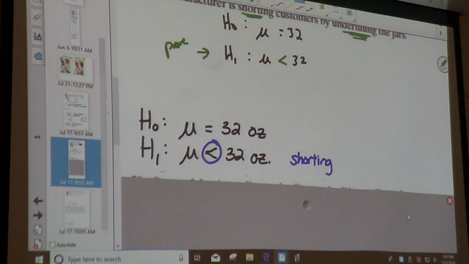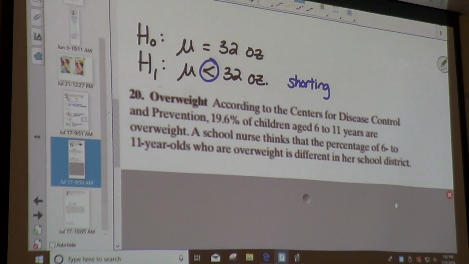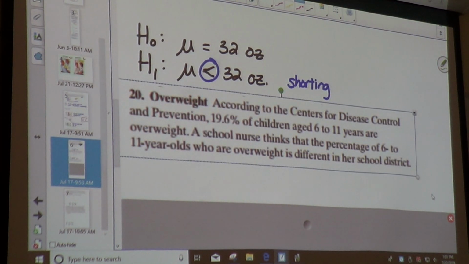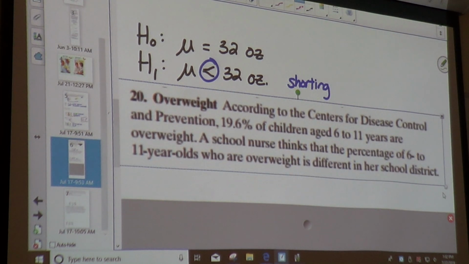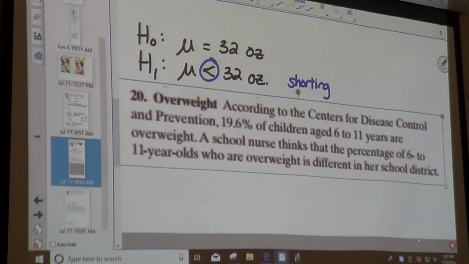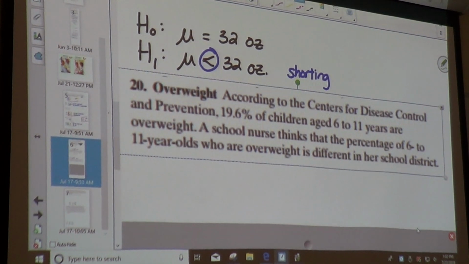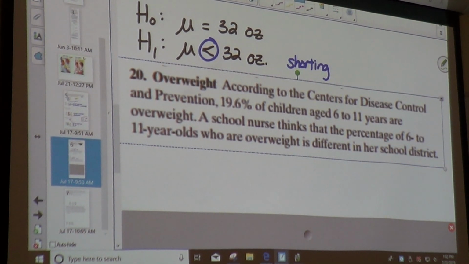Cool? All right, let's look at another one. 19.6% of children are overweight. A school nurse thinks that the percentage who are overweight is different in her school. So we need the H naught and we need the H1. We know this one's going to be equal. What is it going to be equal to?